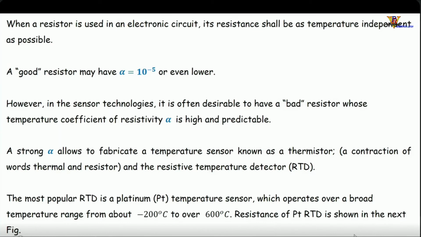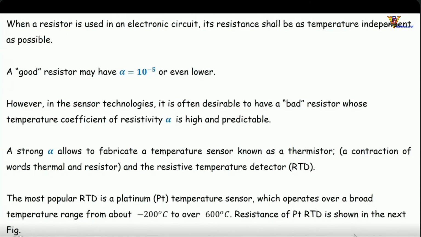But in sensor technology, it is often desirable to have a bad resistor whose temperature coefficient of resistivity is high and predictable. A strong alpha allows us to fabricate a temperature sensor known as a thermistor. So if we have a material for which alpha is very high, we can design a sensor, and that type of sensor is known as a thermistor.